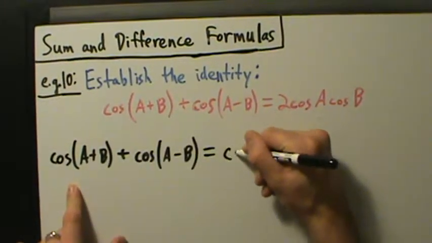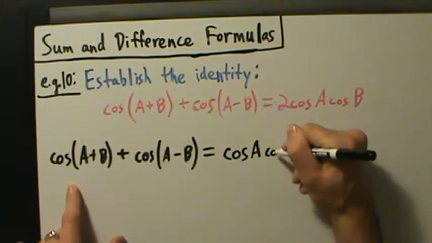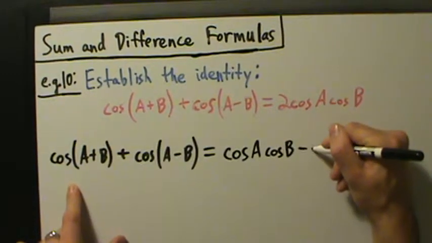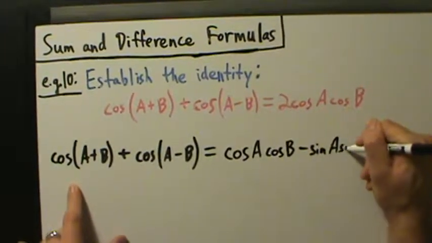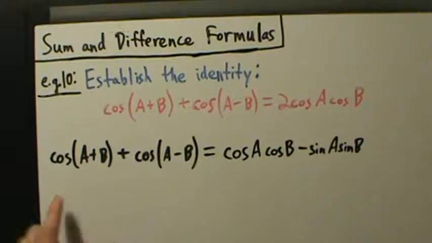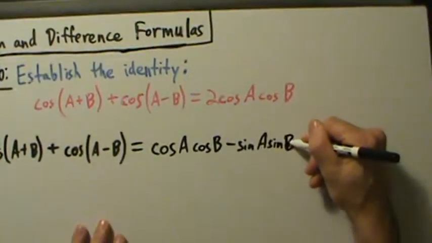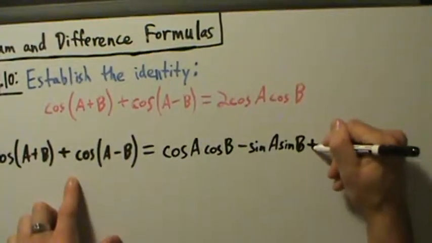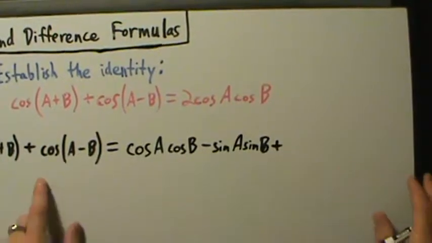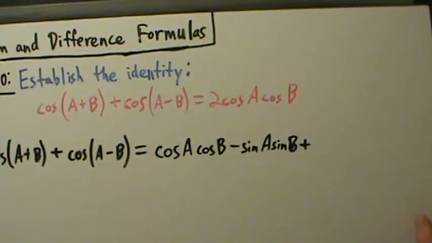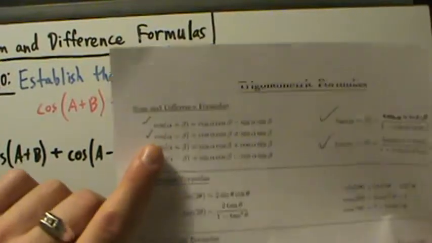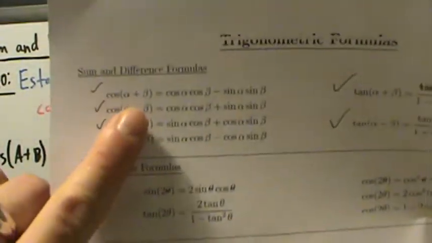So this right here is cosine A, cosine B minus sine A, sine B. And then we have plus, so kind of running out of room already, so we'll just have to squish it in. Now cosine of A minus B, so now we use the second formula here. Again, it's in terms of alphas and betas, but it does not matter at all.